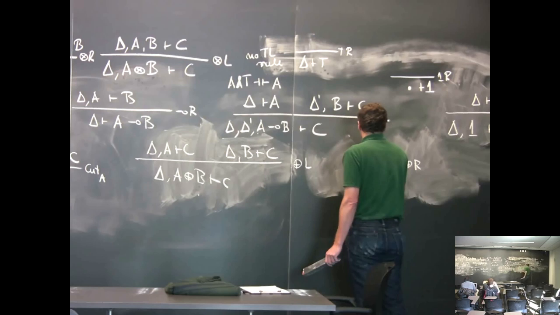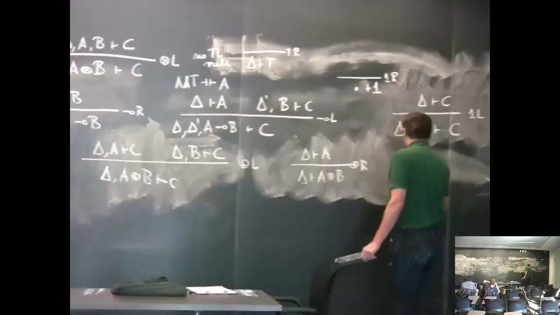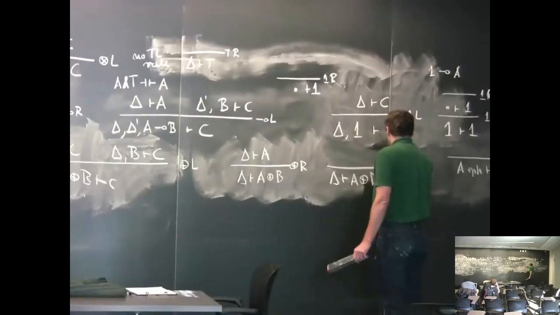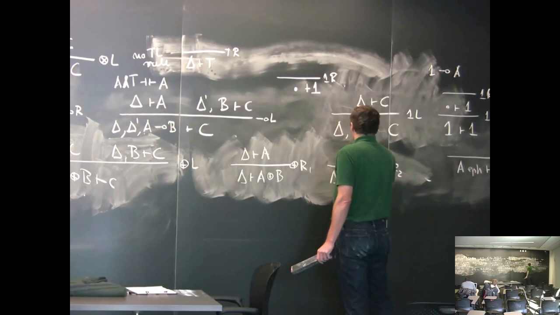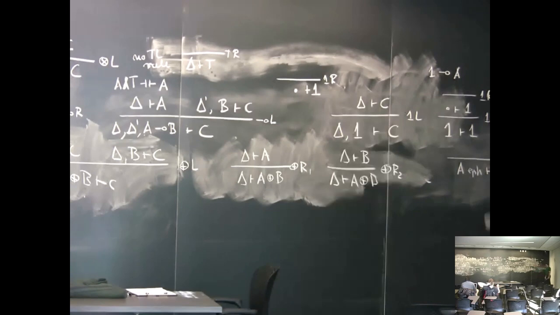And the other alternative would be to produce a B. Okay, and now you can verify that this satisfies all the things that we wanted it to do. So I don't want to talk through the details of that.